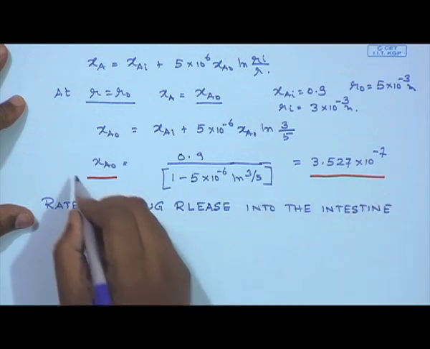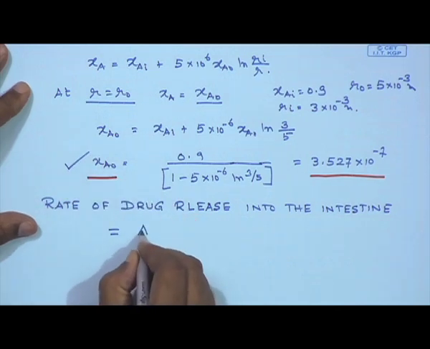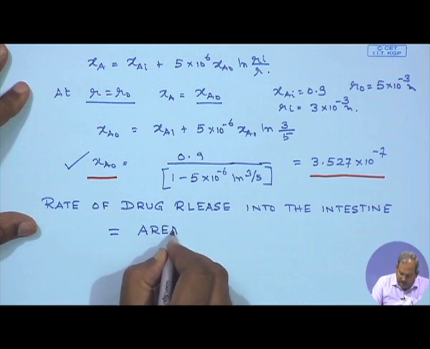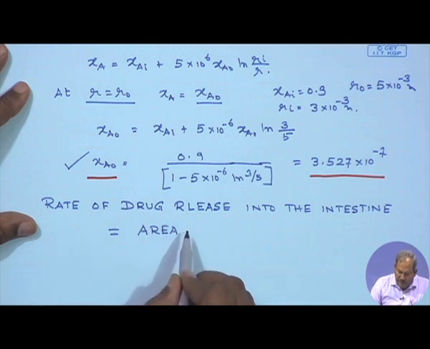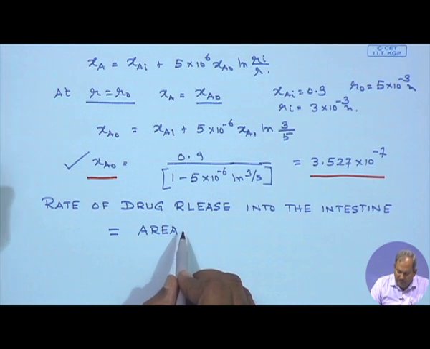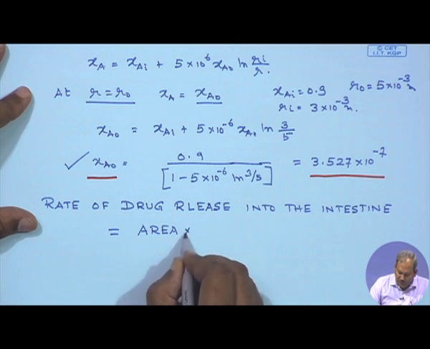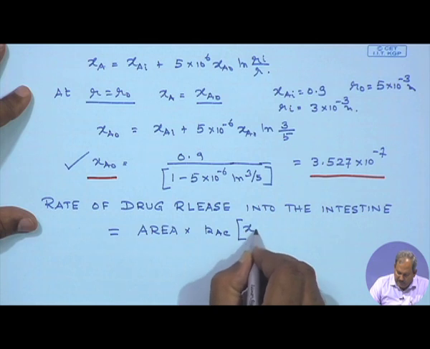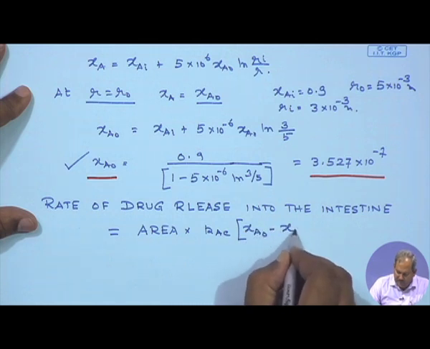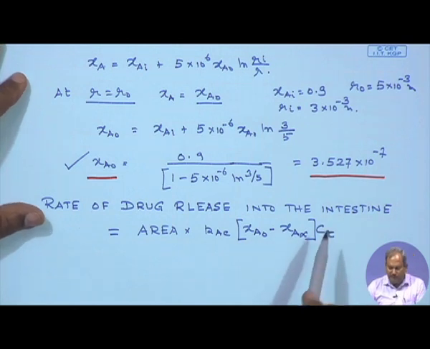Since I know x_A naught, I should be able to equate the convective movement of the drug away from the outside of the inert core to the digestive juices. So, I am going to have this as K_AC multiplied by x_A naught minus x_A infinity times whatever be the total concentration in here.